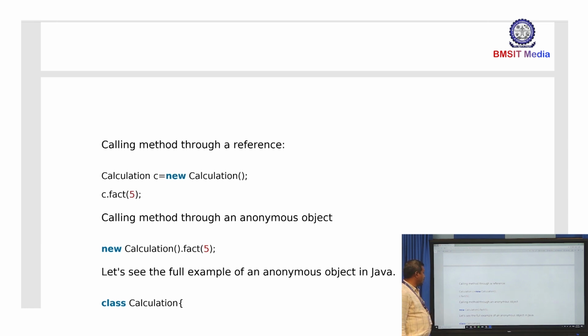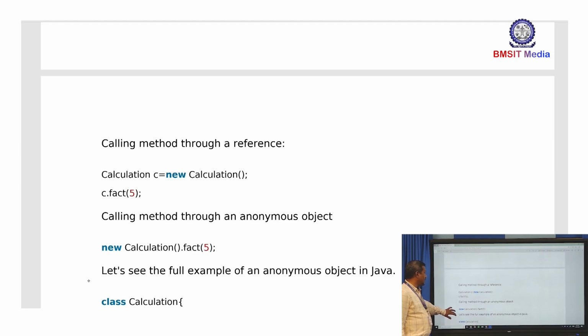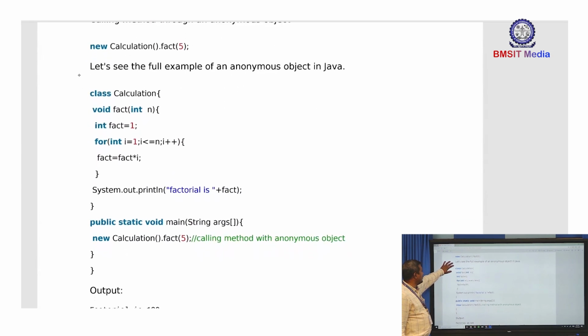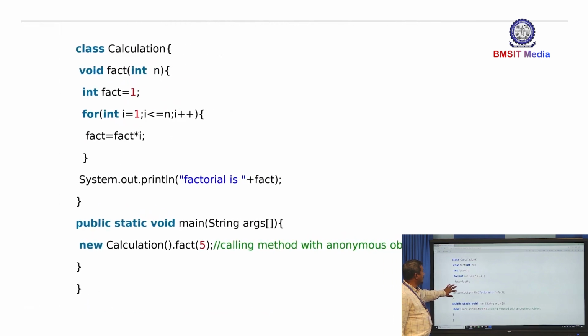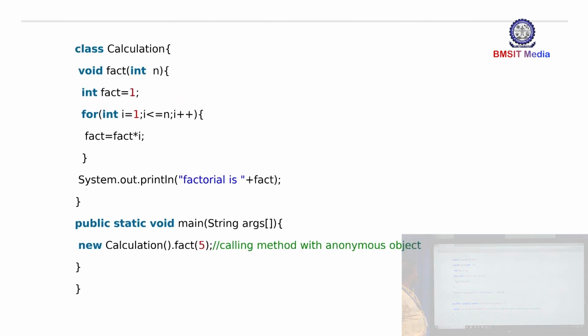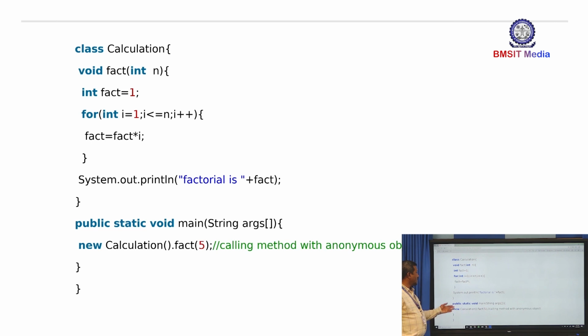One more example is new Calculation dot fact, where we pass 5 as a parameter. Let us see an example of this anonymous object. We have the class Calculation, which contains fact as one of the methods, to find the factorial of a number, and it has a System.out.println statement to print the factorial.